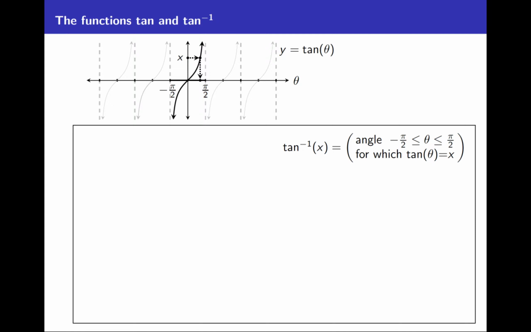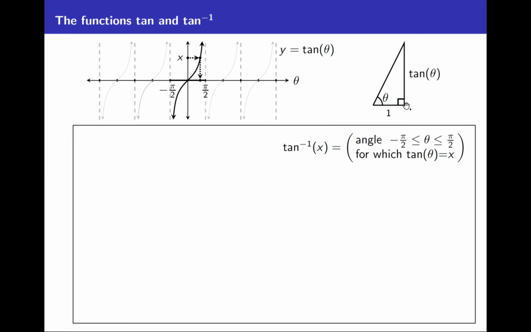So I want to draw geometric pictures of this. Our pictures are going to come from the fact that if you take a right triangle whose adjacent side is 1, if you think about the length of the opposite side, opposite over adjacent would be tangent of theta, but here opposite over adjacent is just opposite.